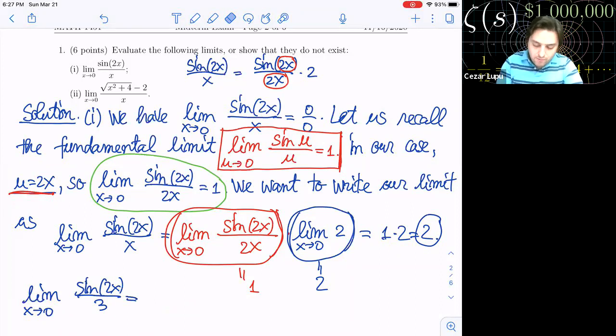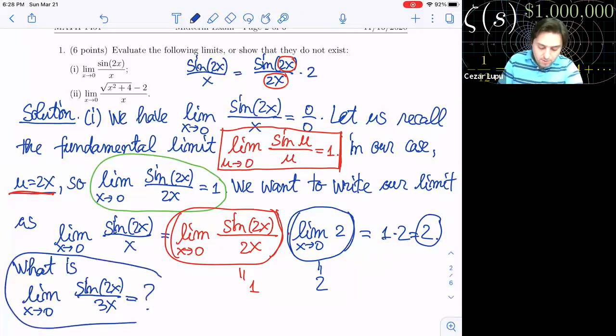Maybe you could ask, what if it was something like 3x here? Something like this, right? In fact, what is this limit equal to? That's a question you can answer, right? And you can do the same trick.